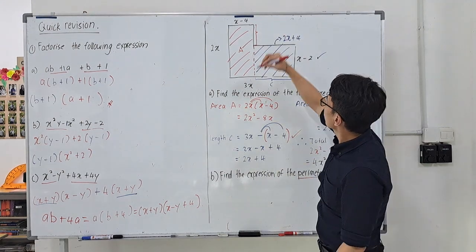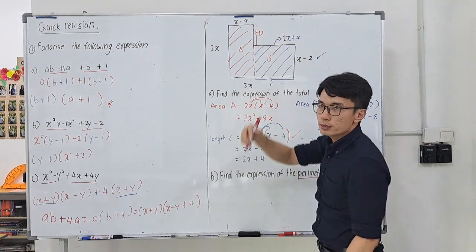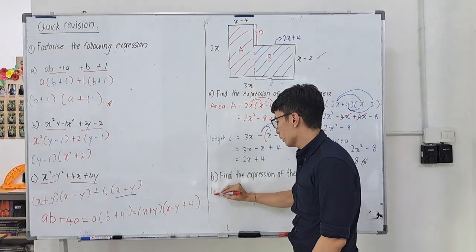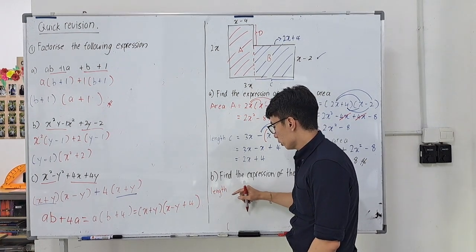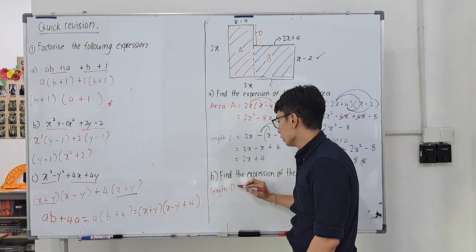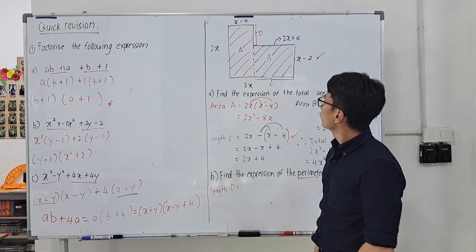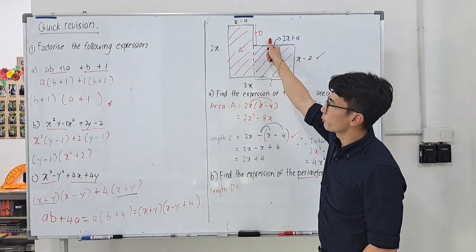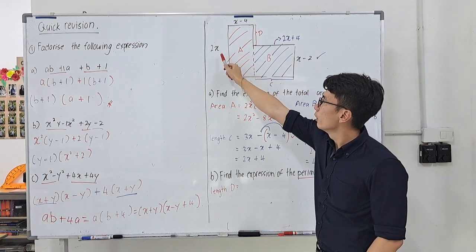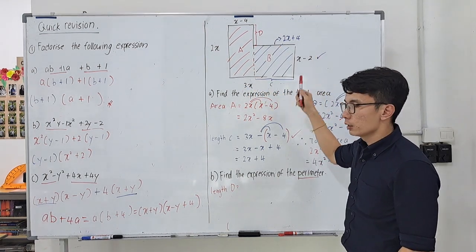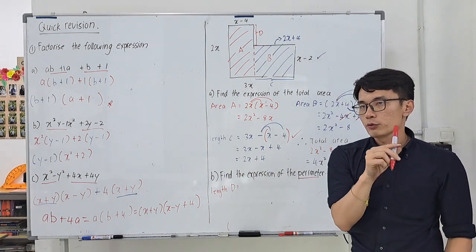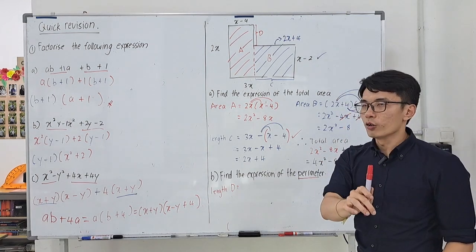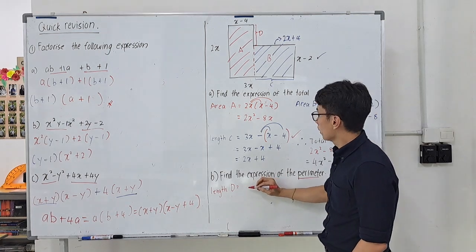Okay, so let's call this length D. All right, so let's find out what's length D first. Length of D. Okay, so length of D, to find this, is basically this long length subtract with this. Now again, you are dealing with subtraction, so please remember to put your brackets. If you don't put, you'll get wrong. Okay, so what do I get?